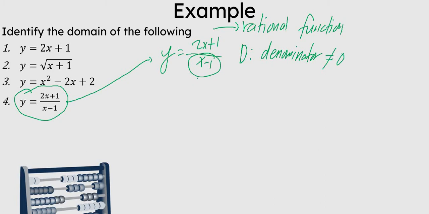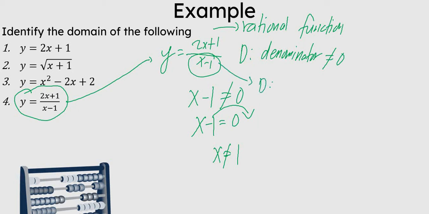So such as this one, we have to make sure that x minus 1 is not equal to 0. That means we should first solve what x minus 1 equals 0 is. So we just transpose and we will have x equals 1. Then bring back the not equal sign. So therefore, the domain of this function would simply be the set of all x such that x is not equal to 1.